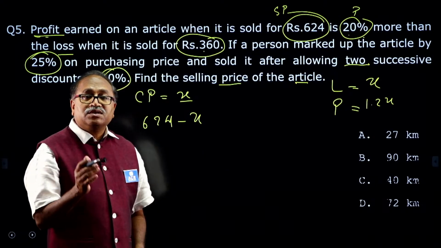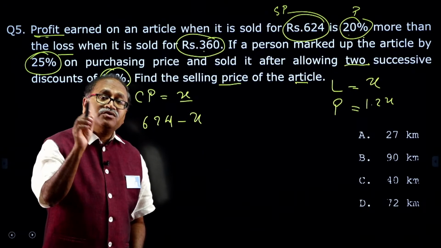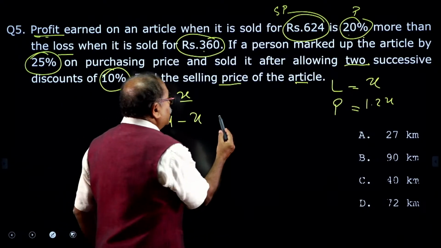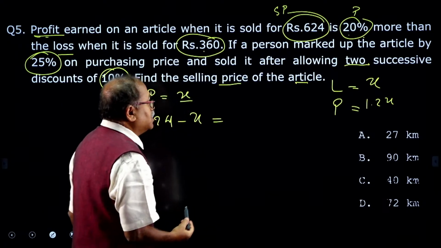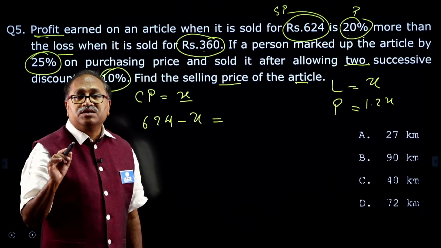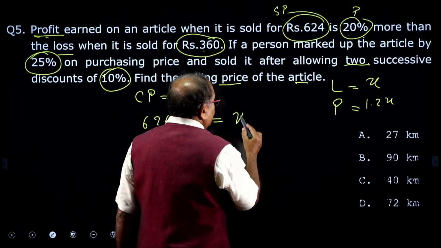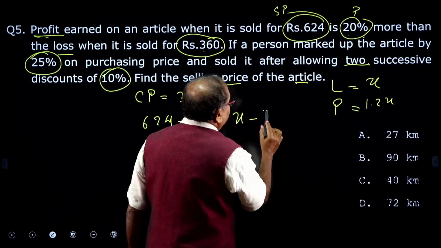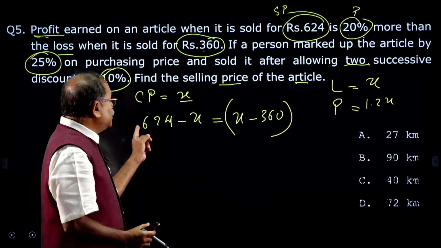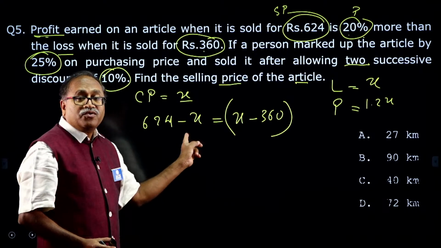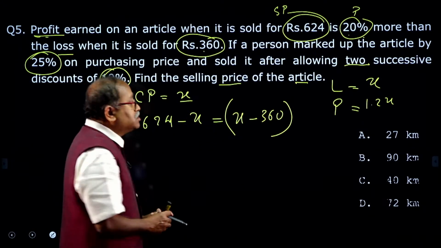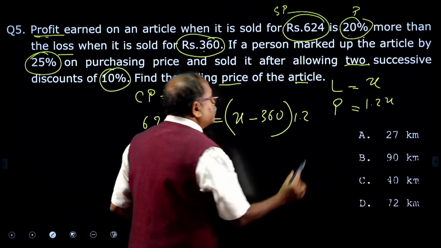What is this? This is the profit, which is 120% of loss. So, in the second case, in the case of loss, cost price will be greater than the selling price. So, that is x minus 360, this is loss, and here it is profit. The profit is 120% of loss, so 1.2 times the loss.